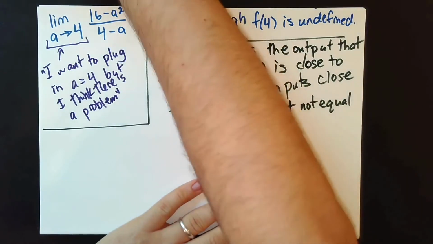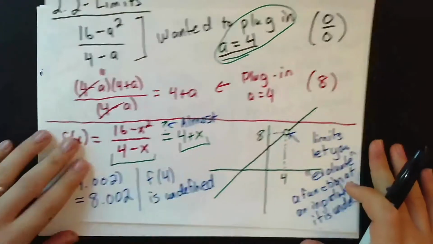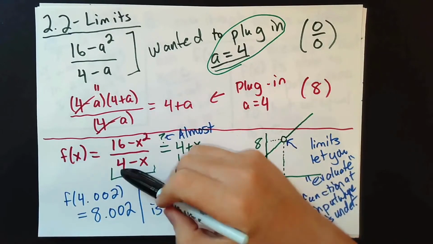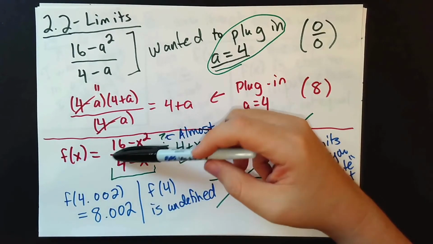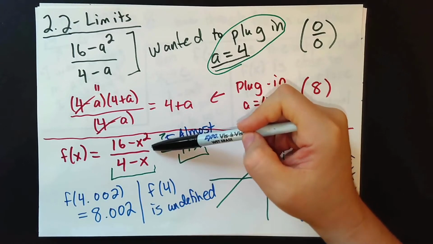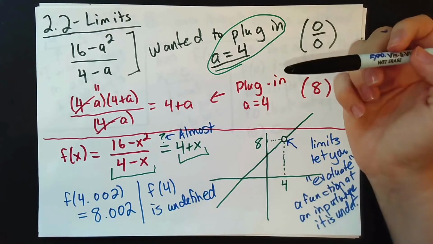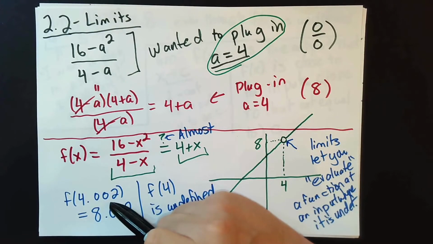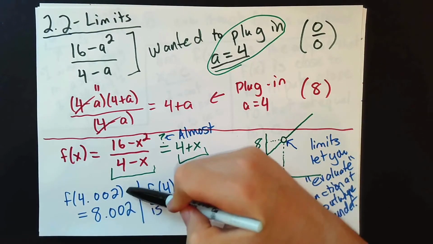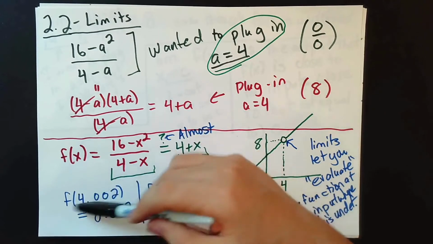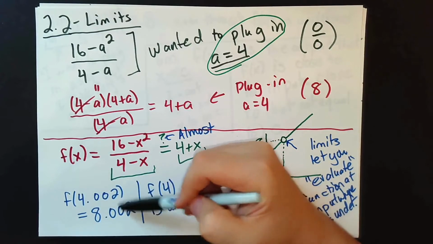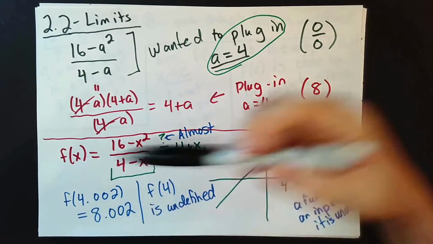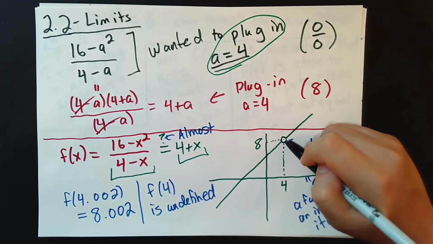So, in other words, when faced with a problem like this one, where I want to evaluate this thing at 4, and I can't because it's undefined, the idea of limits is, well, hey, pick some point ridiculously close to 4, like 4.002, and evaluate the thing there, and then maybe pick a few other places that are close to it, and then from those, you can sort of triangulate what the coordinates of this hole have to actually be.